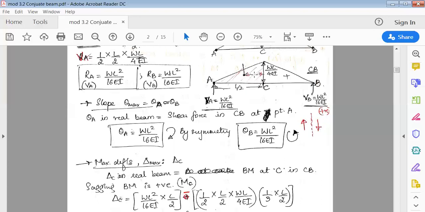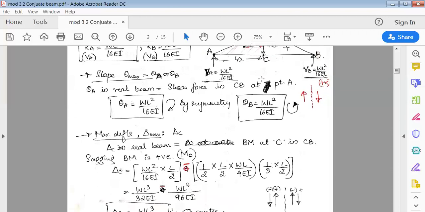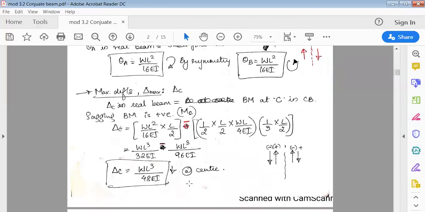This perpendicular distance, again, the centroid of a triangle measured from the base of the triangle is 1/3. So it is 1/3 of L by 2. Now to meet C, it is going anti-clockwise. So anti-clockwise is minus. When you solve this, you'll get delta C is WL cube by 48 EI.